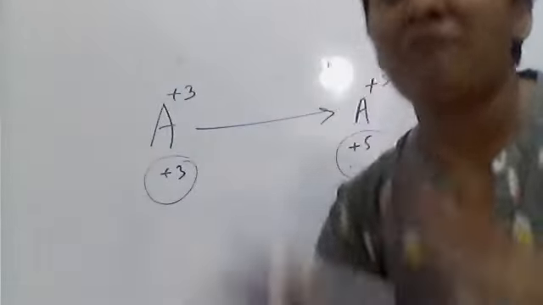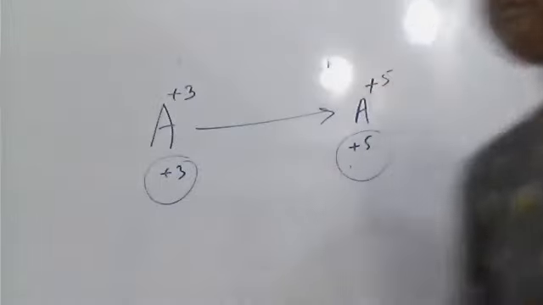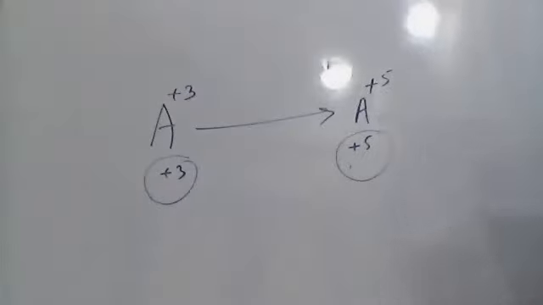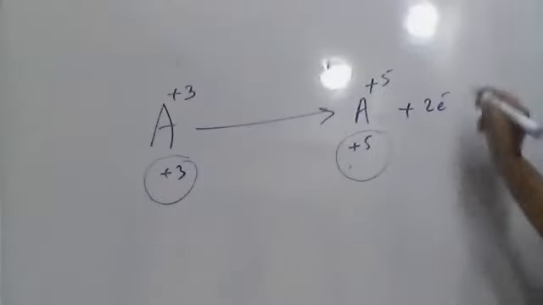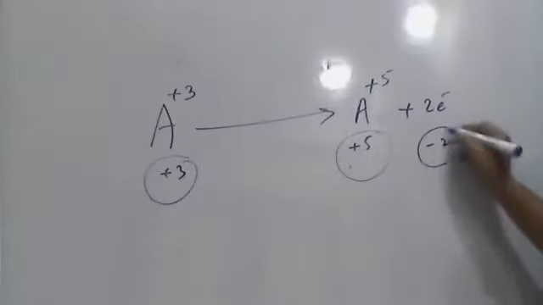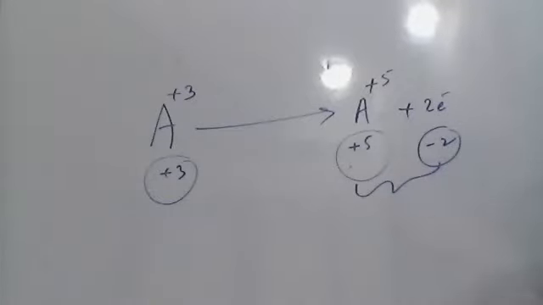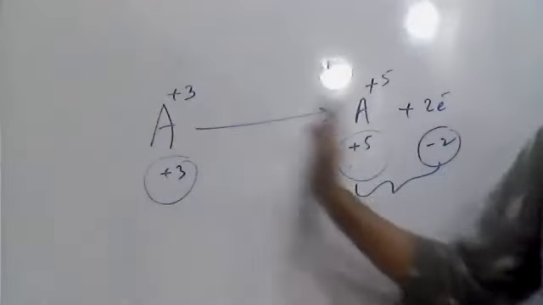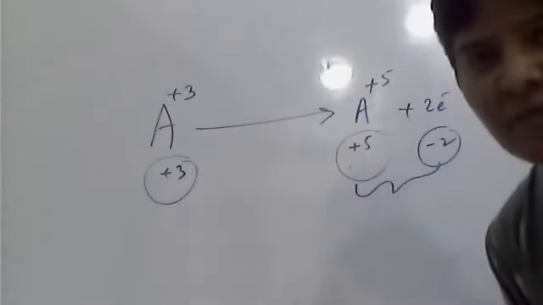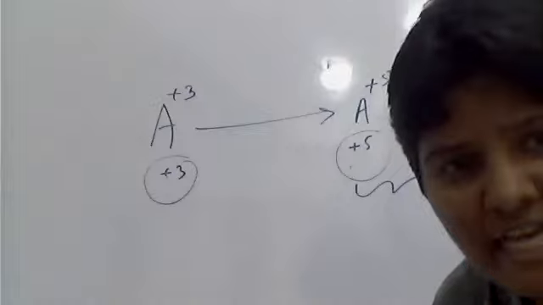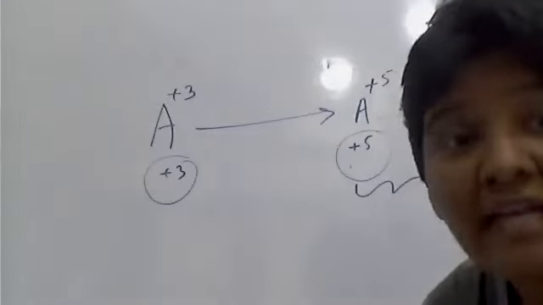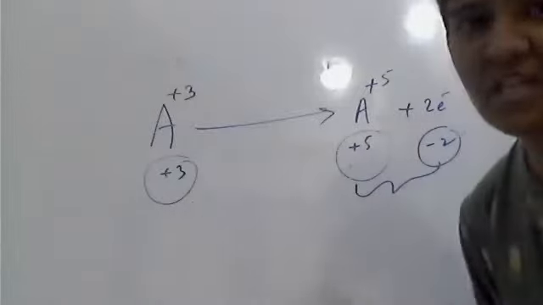Where is the positive charge more, at +3 or at +5? +5. So if you add 2 electrons, meaning -2, then +5 -2 becomes equal to +3. Is that clear? Now the charge is balanced on both sides of the equation. In this way, you balance the charge by adding electrons where positive charge is more.